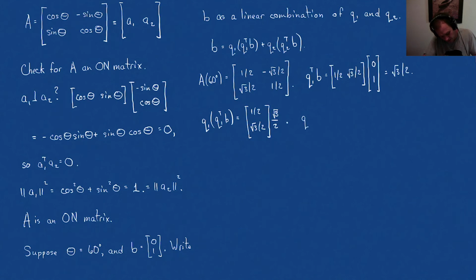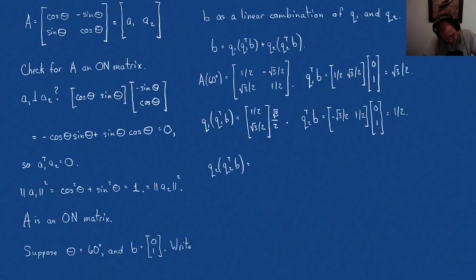And then let's repeat this. So now if we take Q2 transposed B, that's going to be minus root 3 over 2, 1/2, times B, which is 0, 1. And so that's going to give me the scalar of 1/2. And then if I take Q2 times Q2 transposed B, that's going to be the vector of minus the square root of 3 over 2, 1/2, times 1/2.